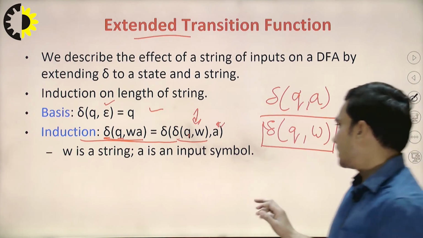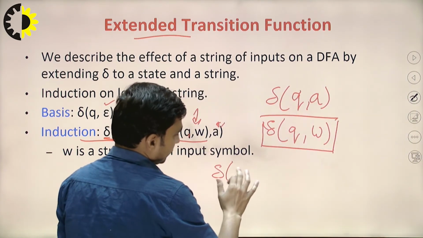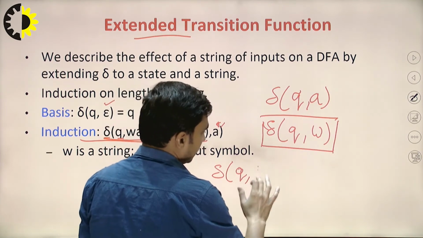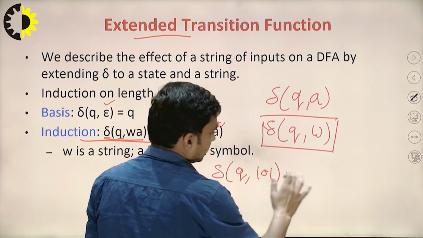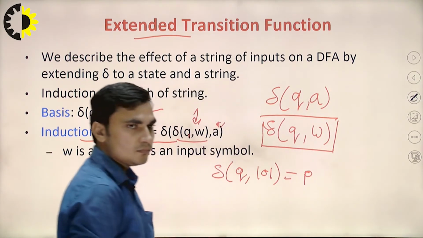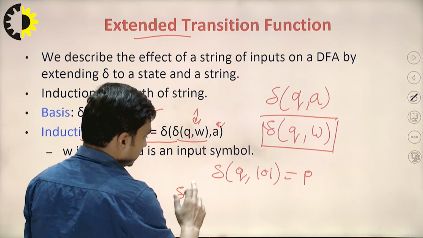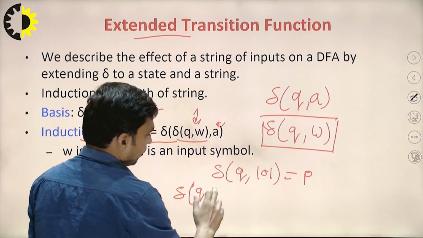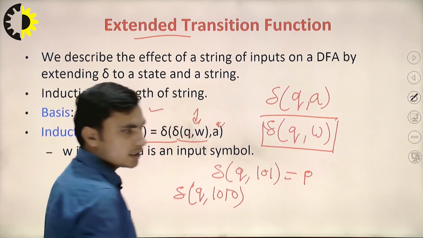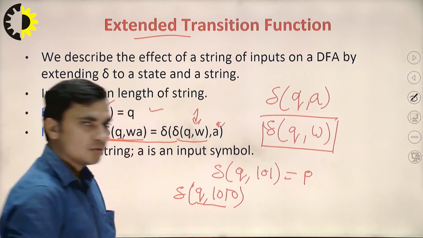Suppose, just taking an example here, in a certain automaton, if we process 101 from Q, then we get an output, let's say P, okay. Then if we are going to process 1010, in that case, first we have to process Q on 101.